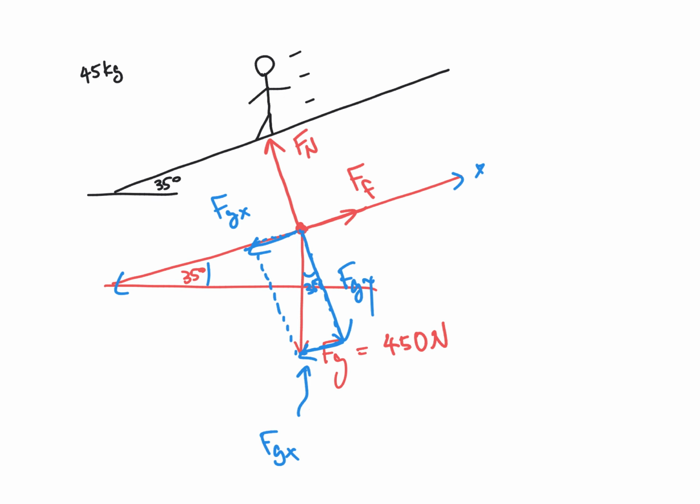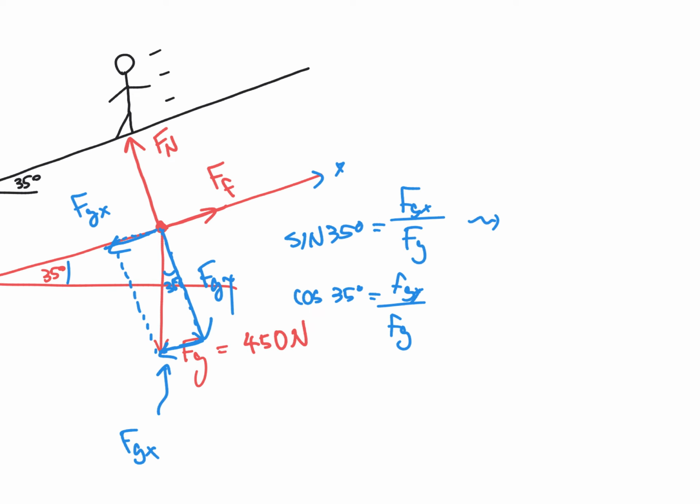And so I know that sine of 35 degrees is equal to Fgx over force of gravity, and cosine of 35 degrees is equal to Fgy over force of gravity.